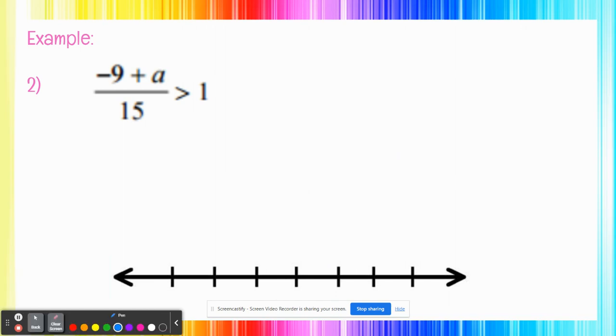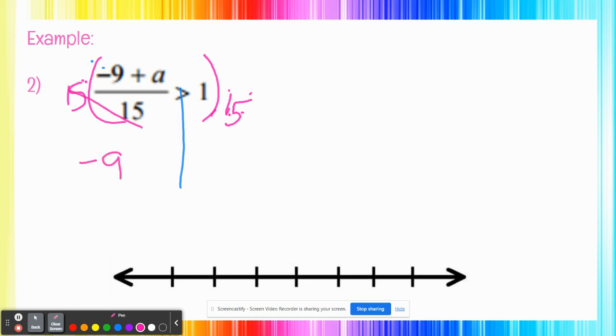Okay. Here's one where we can multiply to get rid of our fraction. We multiply by that LCM of 15. So that 15 is simplified out.